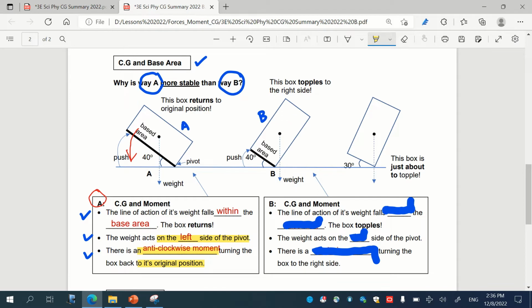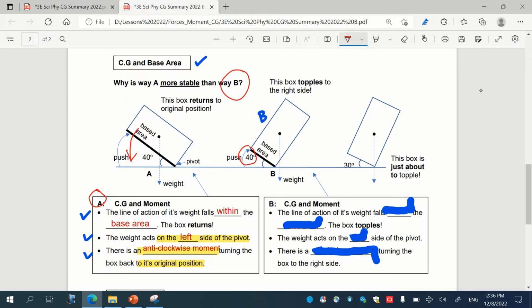Similarly, now I want to look at B. A is done already. Now I want to look at B. Look at B, and similarly, this box in position B, which is in vertical position, is pushed and tilted at the same angle, 40 degrees.